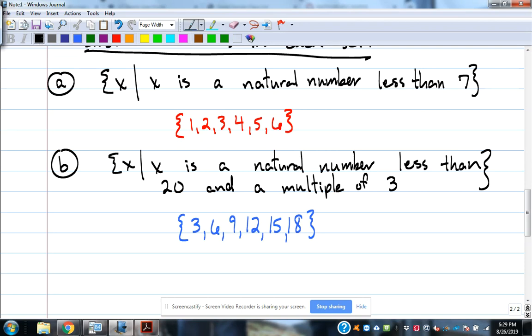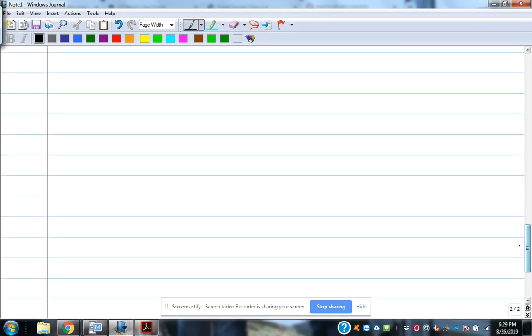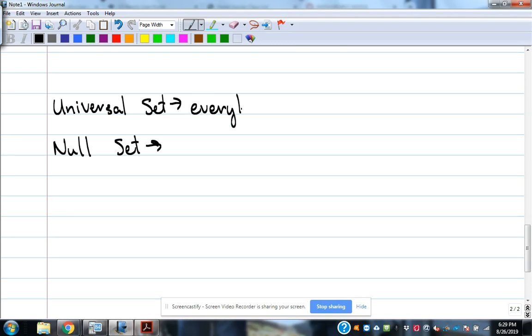All right, now let's get into a little bit of set definitions here. So these are just definitions here. The universal set, same section, and then the null set. The universal set in general is everything in a discussion or problem, for our sake.